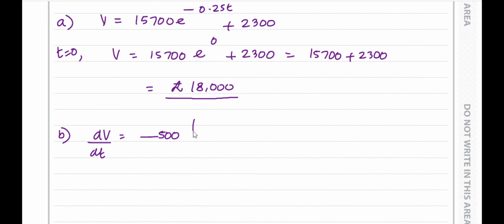We already know that v equals 15,700 e to the power of minus 0.25 t plus 2,300.